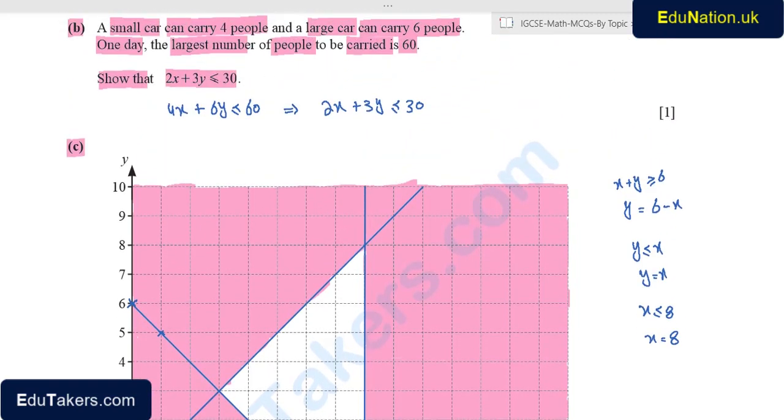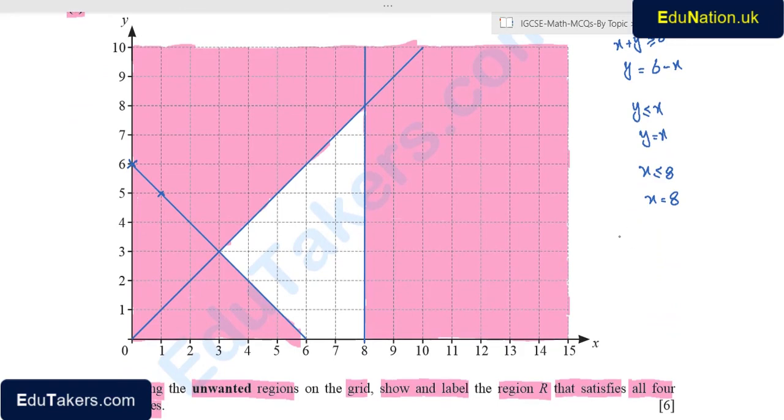And the last inequality is 2x plus 3y is less than or equal to 30. Its equation will be 3y equals 30 minus 2x, and y equals minus 2 over 3 x plus 10. The y-intercept is 10 and its gradient is minus 2 over 3, so minus 2 and 1, 2 and 3.